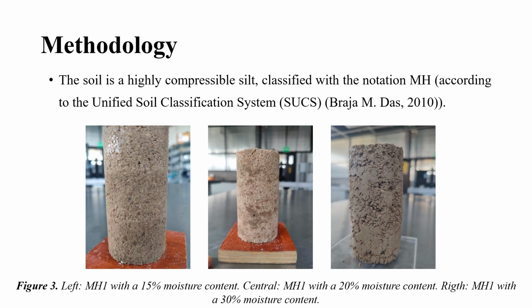It is going to be very important to have a suitable soil mixture that allows us to handle it and to build the soil sample in the triaxial compression device. One of the main challenges was to build a soil sample that was totally homogeneous.